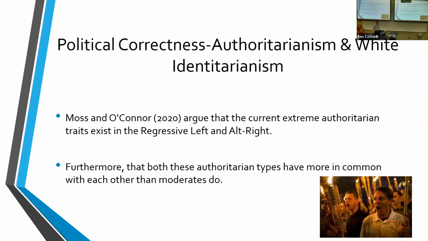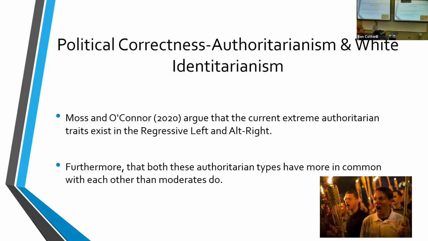What they argue is the most current forms of authoritarianism that matter most are political correctness authoritarianism, which is thought to characterize the regressive left, and then white identitarianism, which is thought to capture the alt-right, okay?